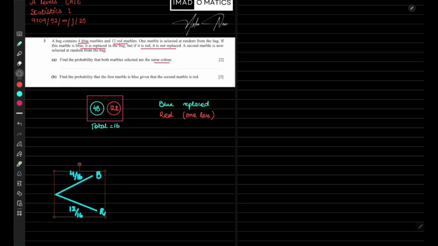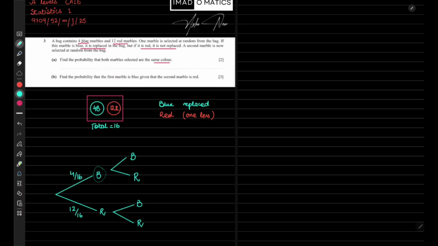Now let's understand what we do for the second marble. If we take a second marble, there are two conditions: either it is blue or red. And if our first marble was red, again we have two conditions.